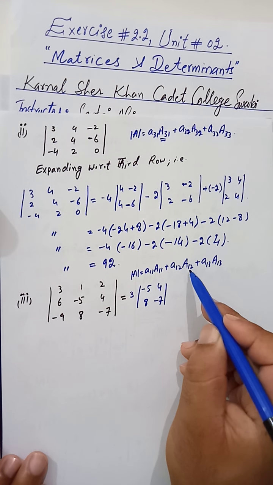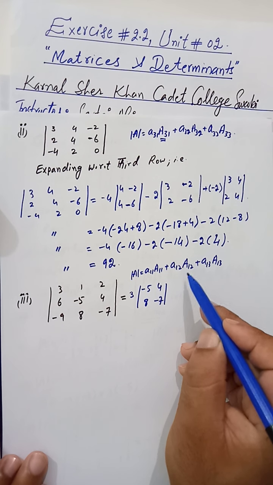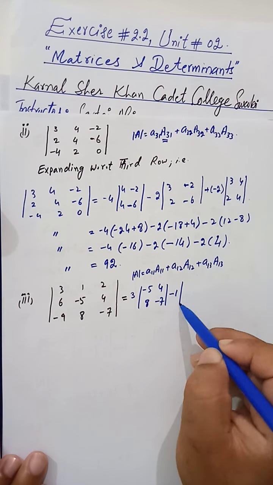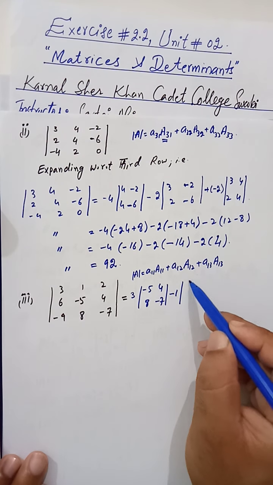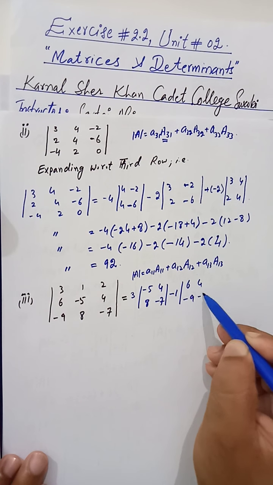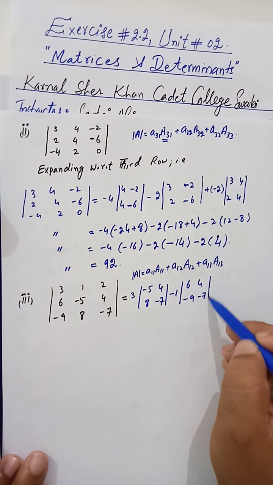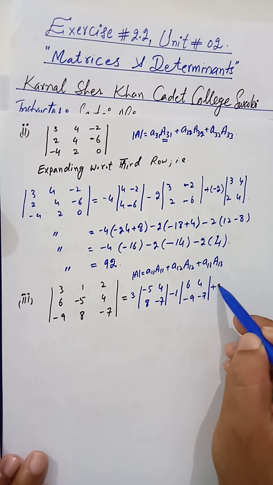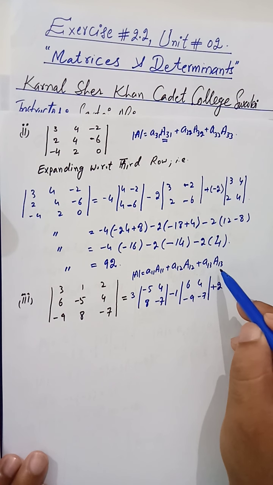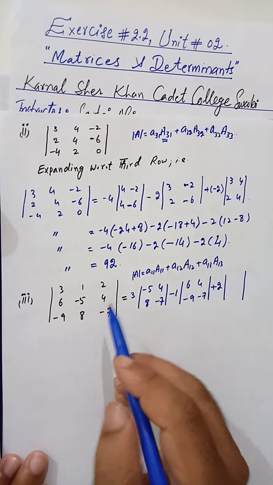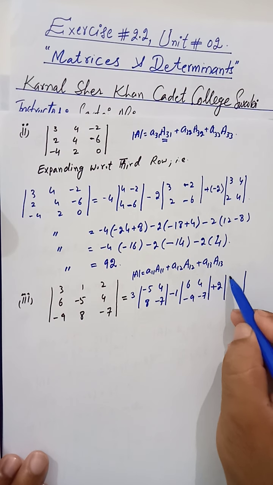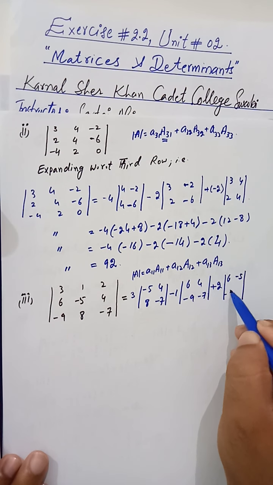This will be plus 1, but A12 is equal to minus times M12. So here this will be minus 1, and cancel out the first row and second column and take the determinant of the rest of the matrix. And similarly, this A13 will be written as it is, and this capital A13 is actually equal to M13. So cancel out the first row and third column and take the determinant of the rest of the matrix.